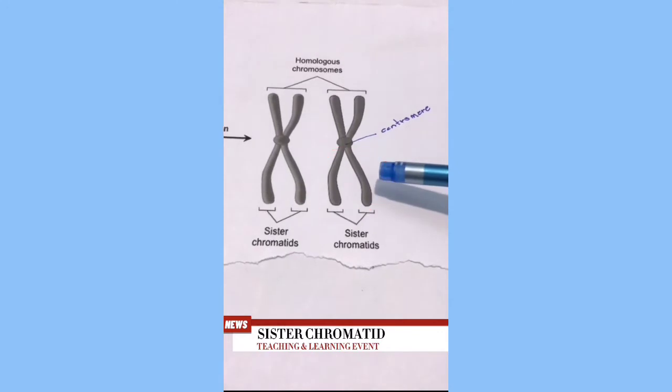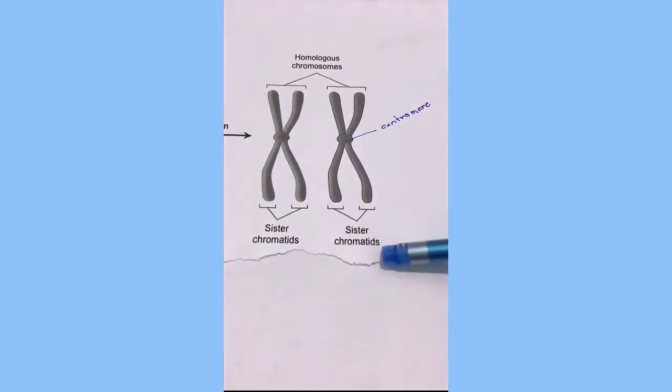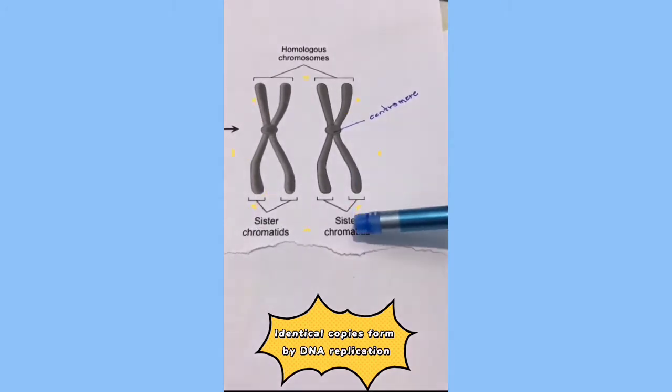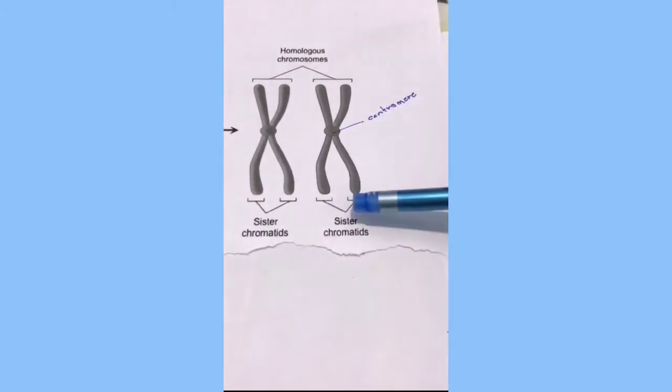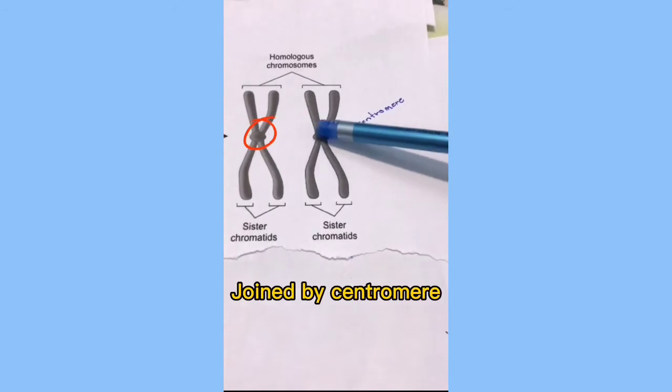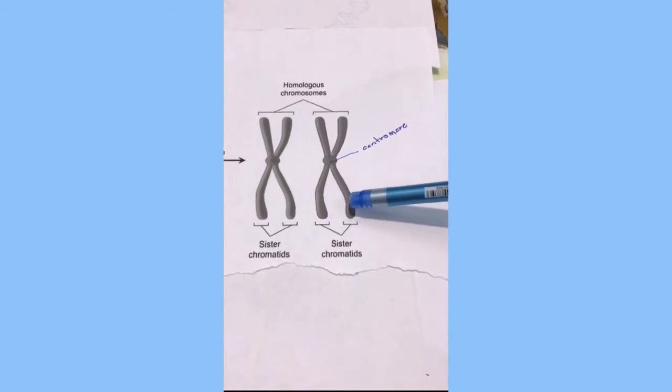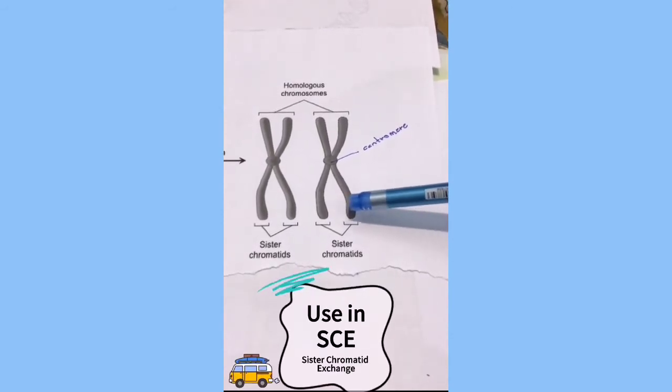A sister chromatid refers to identical copies formed by DNA replication of a chromosome, with both copies joined together by a centromere. The application for sister chromatid is SCE, or sister chromatid exchange. SCE is a technique that has been shown to have great potential for use in in vitro screening of suspected mutagens and carcinogens.